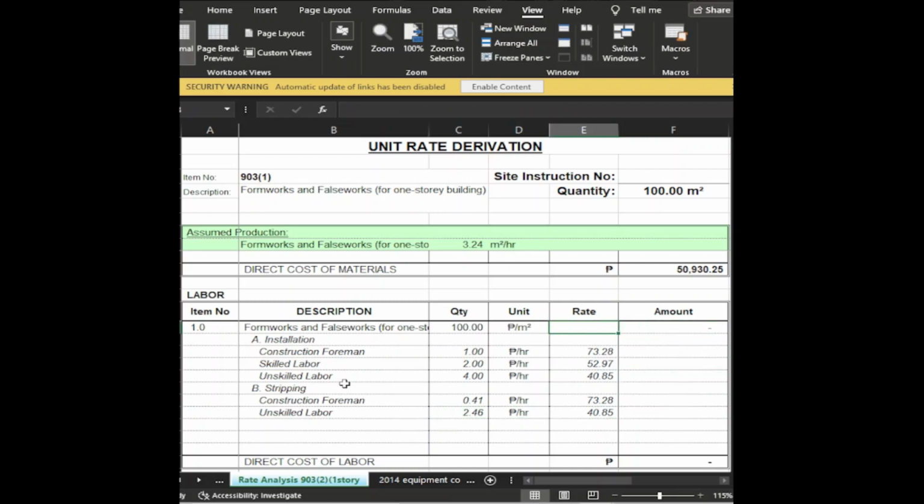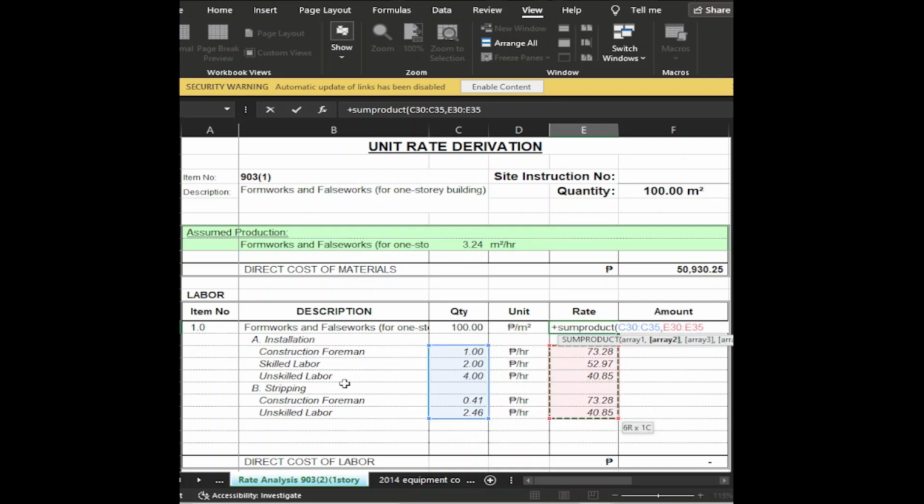So converting this one again to peso per square meter, the cost of the formworks and falsework for this labor, we need to convert this one per square meter. So sum product again of the total quantity, then rate of this one, and we will divide it by our assumed production.